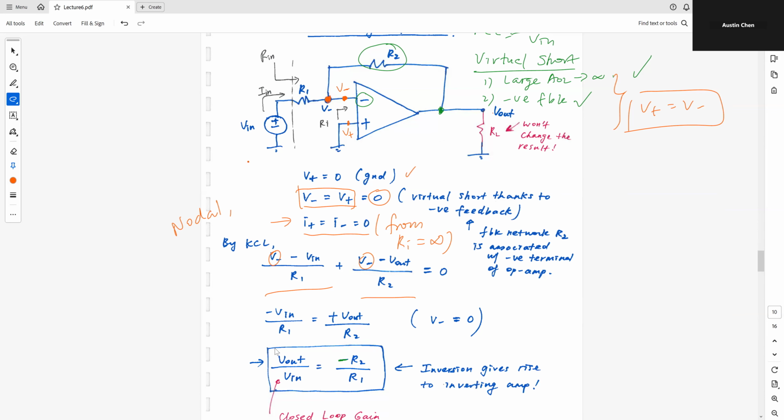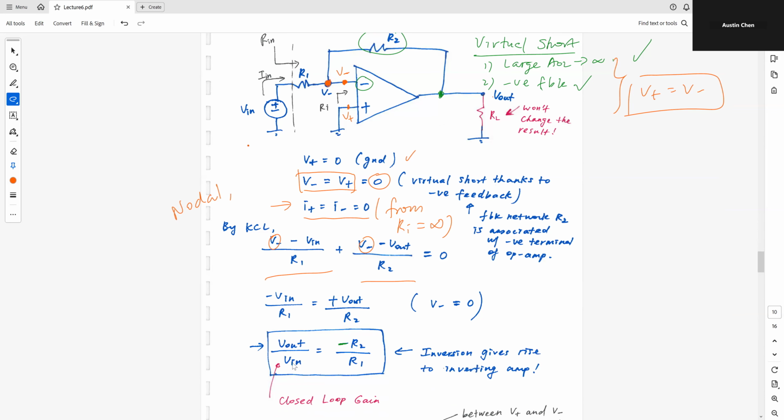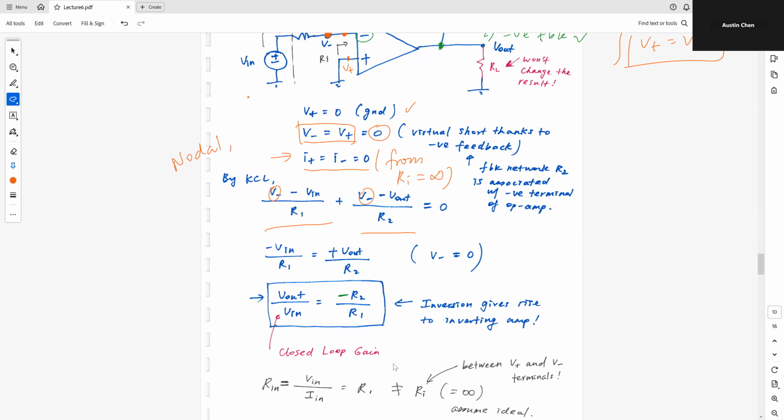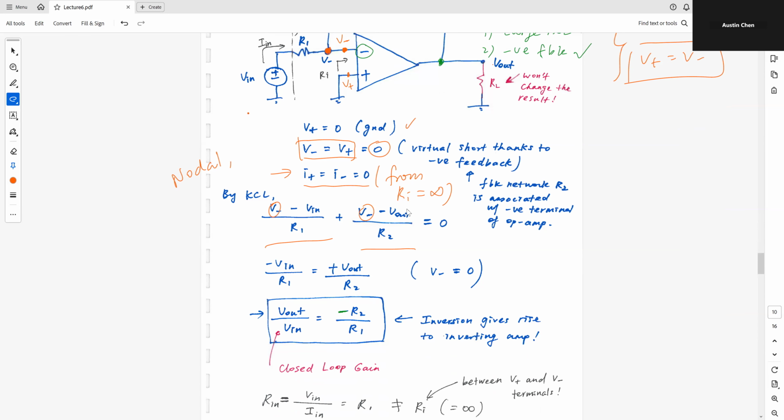Then the rest is you just solve for V out over V in. This is your ACL, and it's a simple ratio, minus R2 over R1, with a negative sign. When you move this to the other side, you have plus on one side and minus on the other, so when you take the ratio, you still end up with a negative sign.